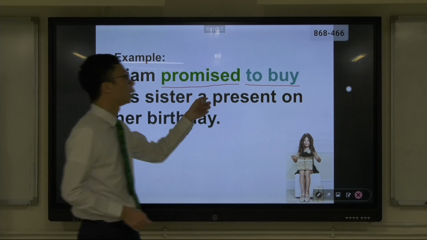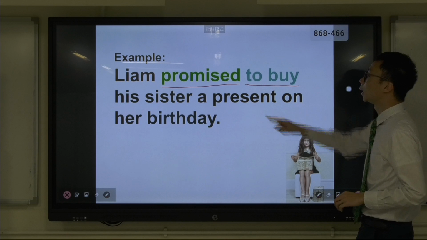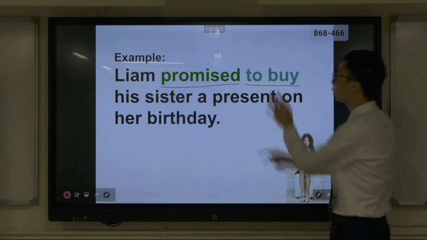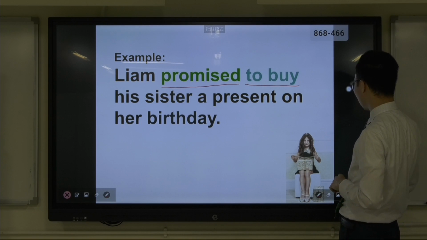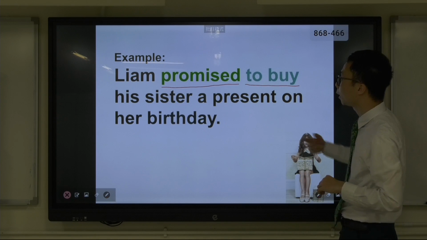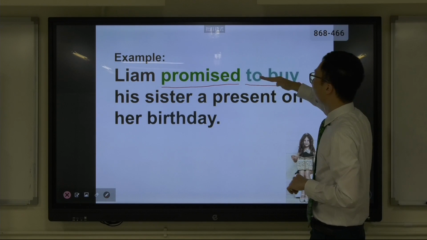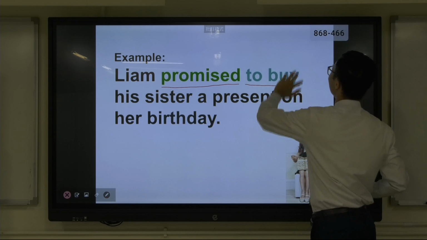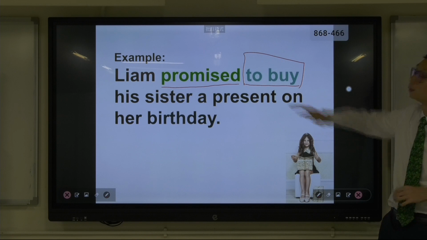This one looks tricky, a present, but no, present here is a noun, not a verb. So promise and to buy are the verbs. Going back to the previous list, after the word promise we use the to-infinitive. That's why to buy is a to-infinitive.